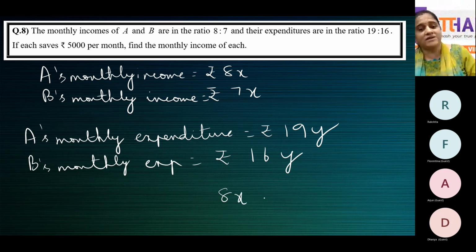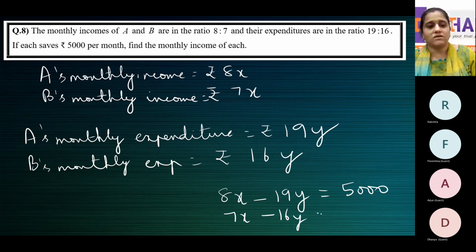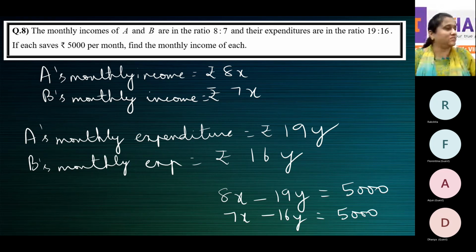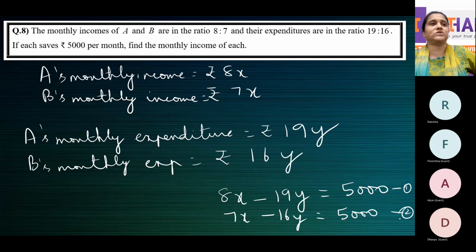What is A's expenditure? And what is his savings? What is B's income? What is B's expenditure? Both of them save 5,000. Don't add expenditure. Income minus expenditure is equal to savings. These are the two equations. Correct?